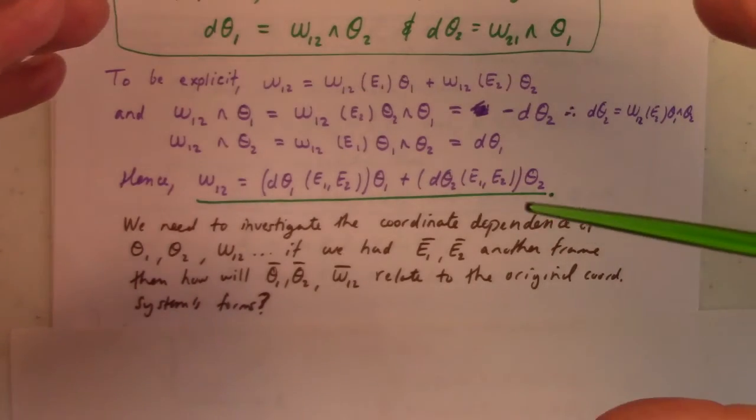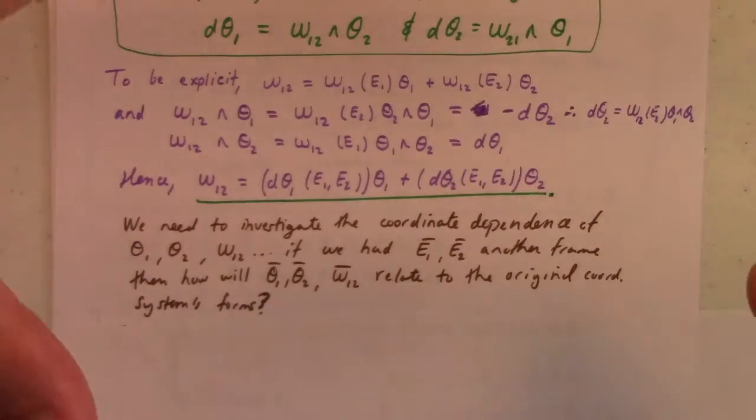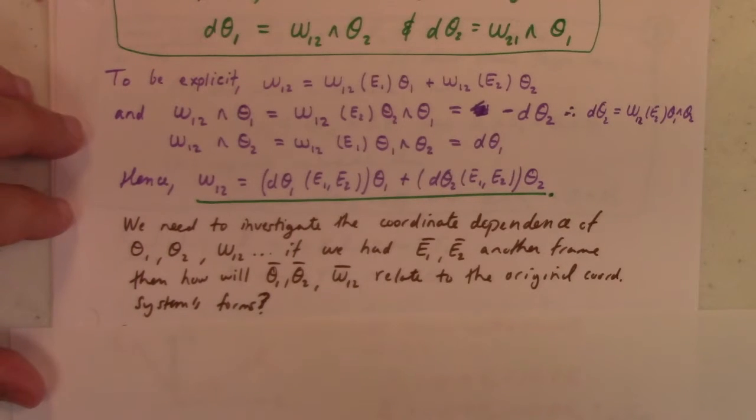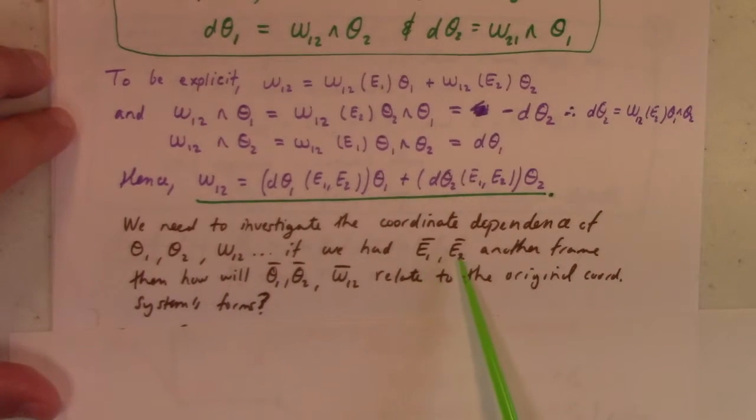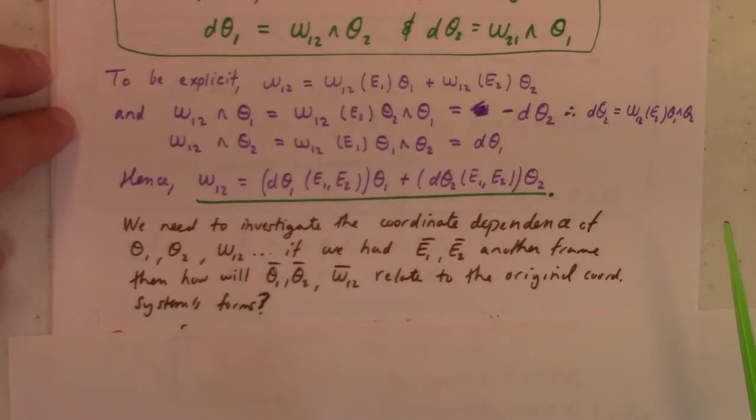How do you know what you're calculating isn't just a consequence of this coordinate system you just made up on this abstract set of two-dimensional matrices or whatever? So an important question to investigate is, do our constructions have coordinate dependence? In other words, if you had another frame, E1 bar, E2 bar, and another coframe, theta bar 1, theta bar 2, how would the 1-2 bar connection form relate to the original coordinate system's form?